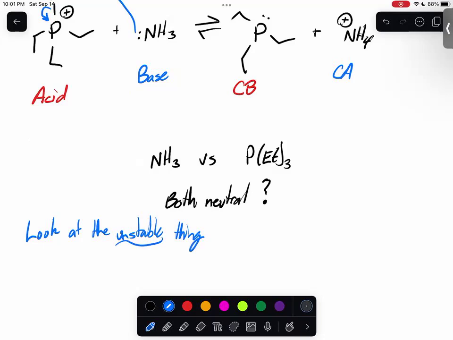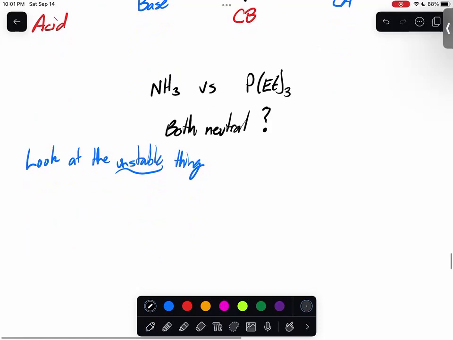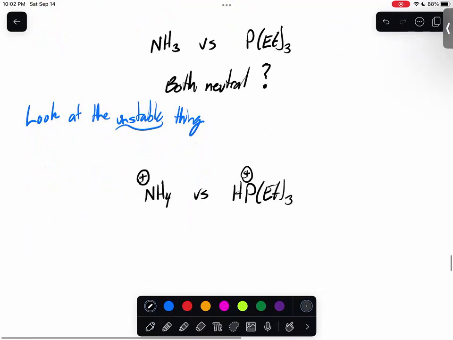In this case, it's the acids, because the acids are the things with the positive charge. If we're looking at the acids, it makes our life really quite easy because we can use the same factors of acidity to determine when something is more acidic.